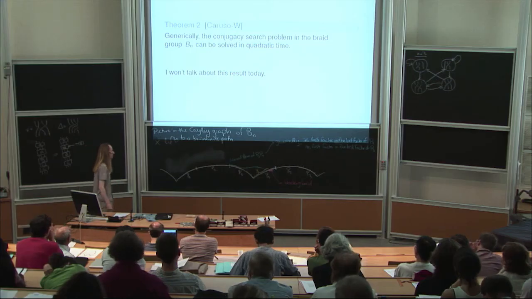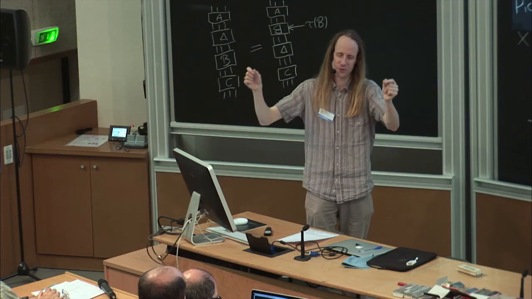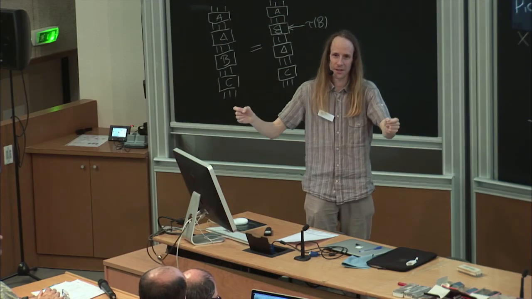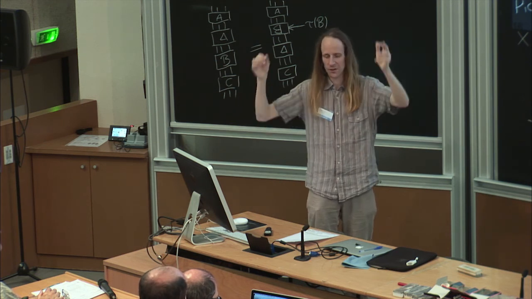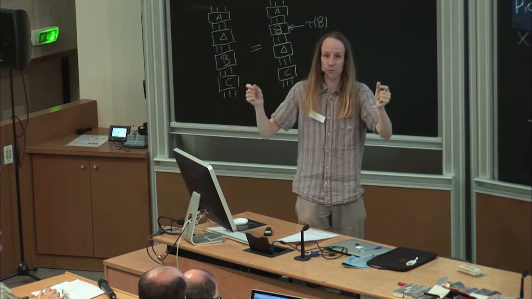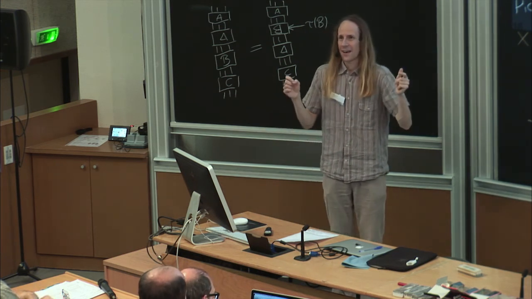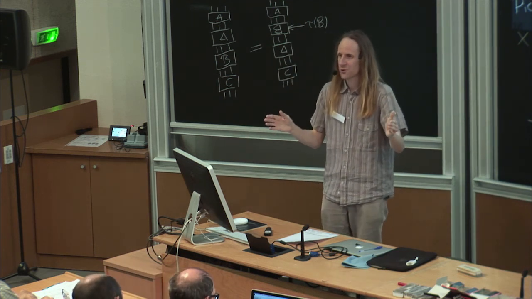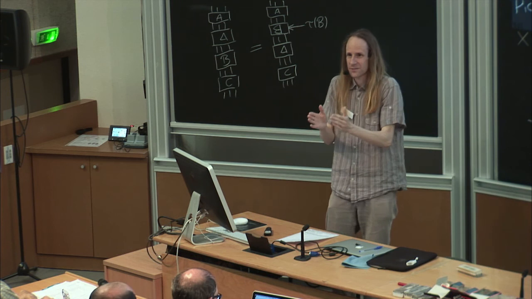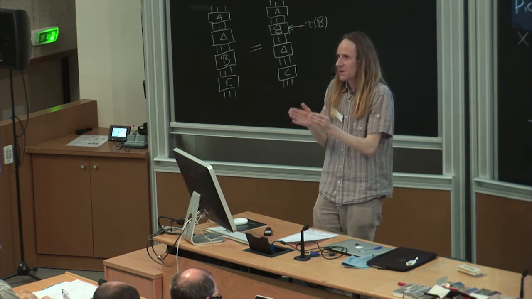What you should know about this is that if a braid has a rigid conjugate, then the sliding circuit set is exactly the set of rigid conjugates.